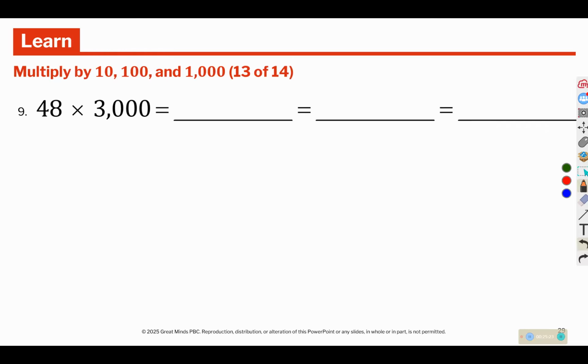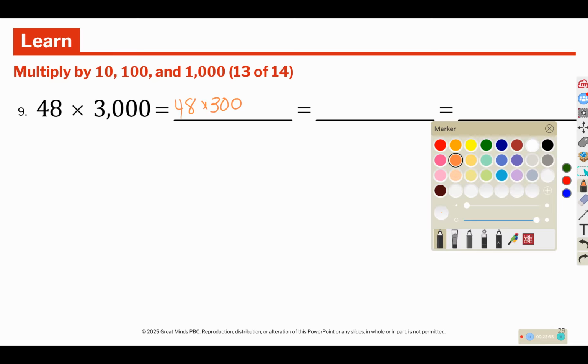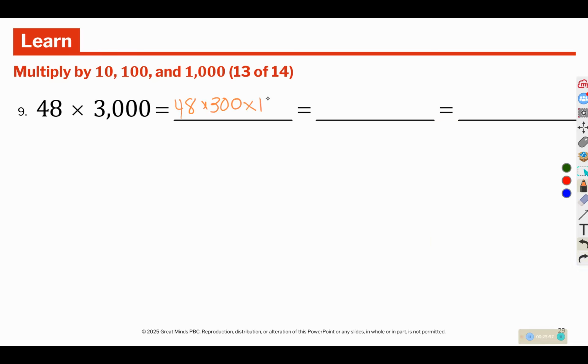In the previous problem, we had 48 times 300, but this is 3,000. So I need to multiply by 10 to turn 300 into 3,000.